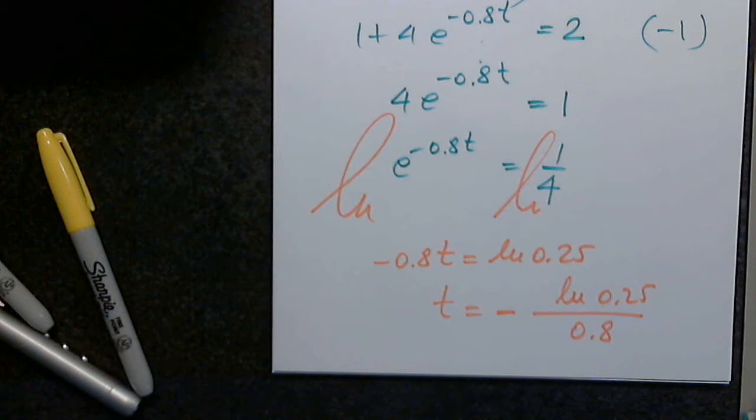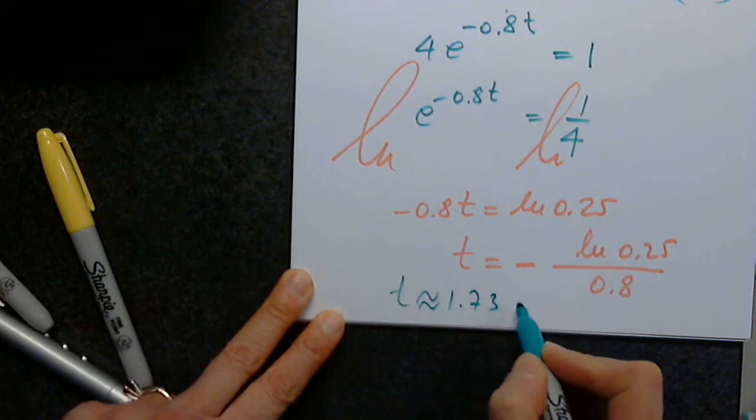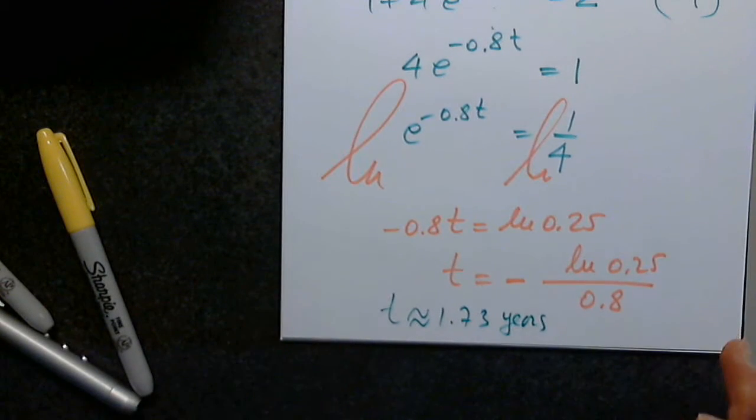I have negative natural log 0.25, close the parenthesis, divided by 0.8. So it's 1.73 years. So t is approximately 1.73 years. So according to the model, it appears that in about 1.73 years, the fish population will reach 5,000.